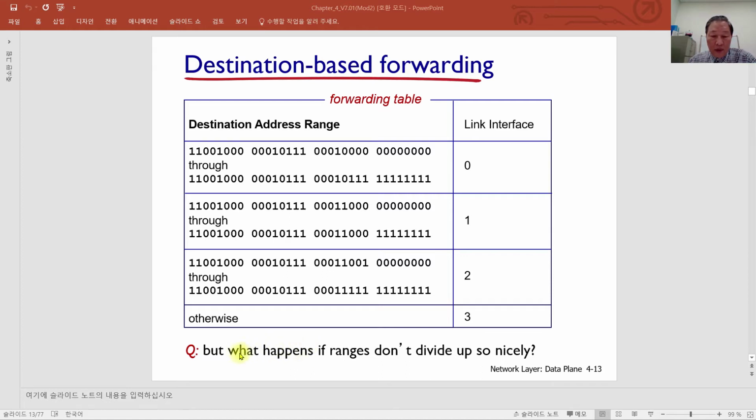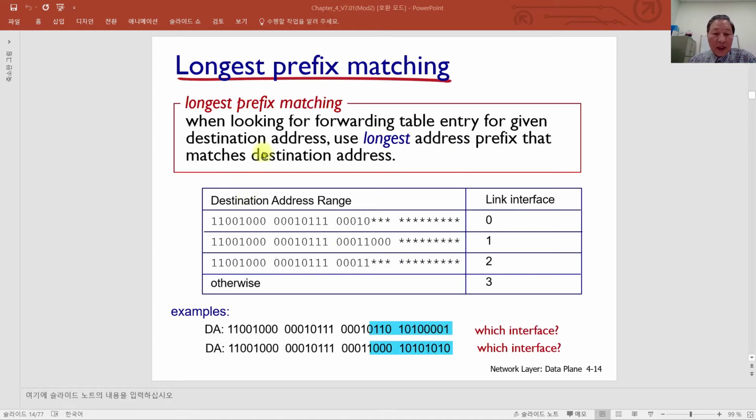And we can think, if the ranges don't divide up so nicely, then for example here we can think of longest prefix matching. How's that? In the address, the front part is the prefix, and the longest one is longer than the others.